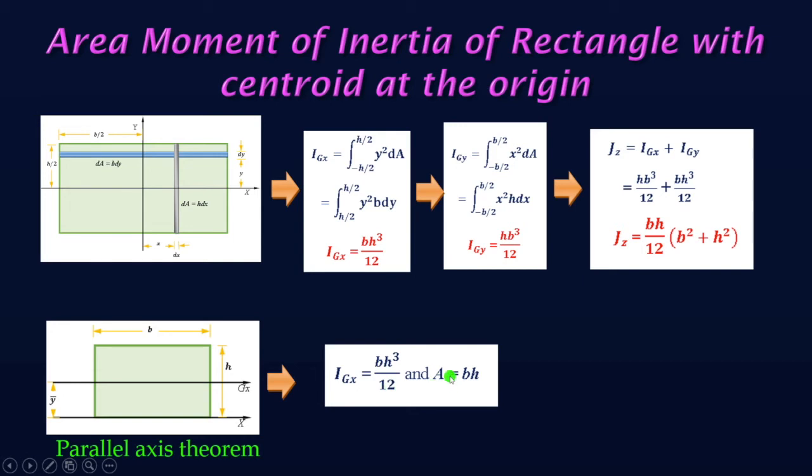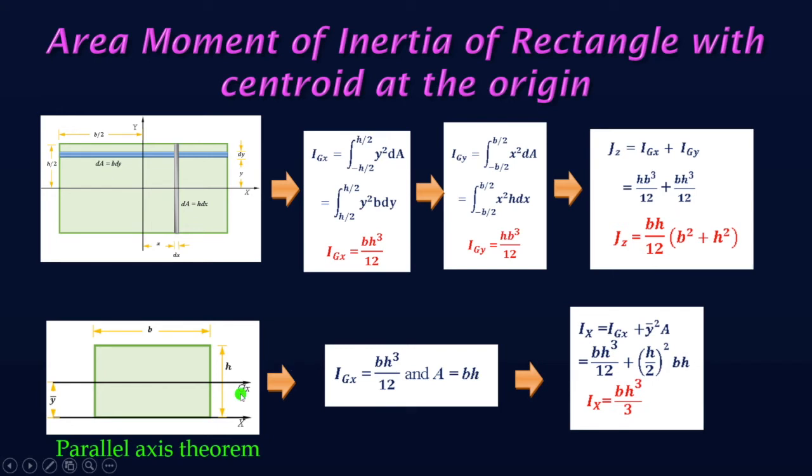The area equals b into h. Then use the parallel axis theorem because both the axes are parallel. What's the distance between these two? That is termed y bar, which equals h by 2. Substitute these values, then get Ix. IGX is known, bh cube by 12. Ix finally equals bh cube by 3.